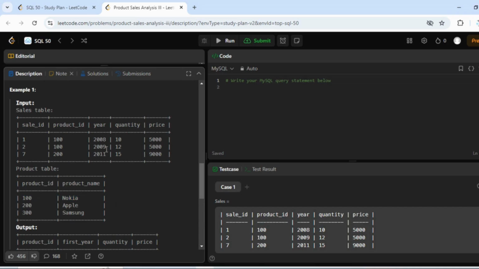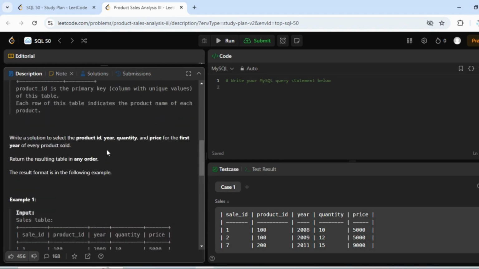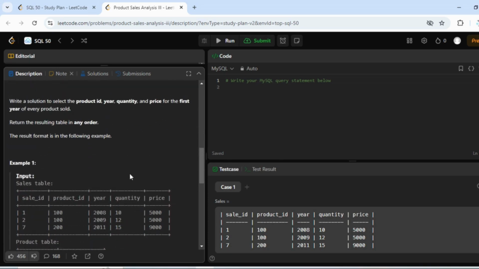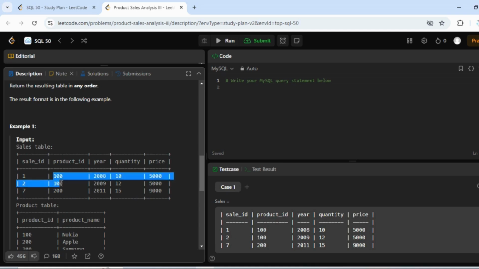The question says I need to find these columns: product ID, year, quantity, and price. And what I need to find is the first year. For product ID 100, the first year is 2008. So the output year is 2008, and 2009 will not be considered.